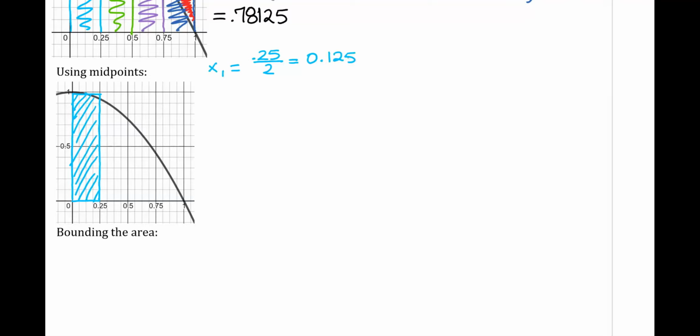Now, moving on to my second rectangle, it is still going to have a width of 0.25, but now I want this rectangle to hit in the middle of that interval, so halfway between 0.25 and 0.5, and so we need to calculate what that x value is, so then we can plug it into the function and get the height of this green rectangle. So for our x2, we already know that half of the distance between 0.25 and 0.5 is 0.125.